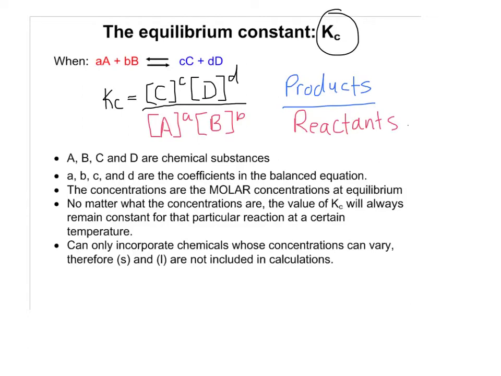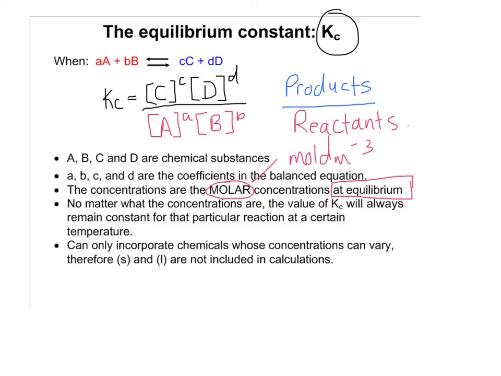So big A, big B, big C, and big D are all chemical substances. Little a, b, c, and d are all coefficients in the balanced equation. The concentrations are molar concentrations, meaning moles per decimeter cubed, at equilibrium, and that is key.